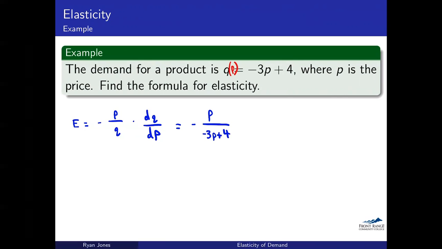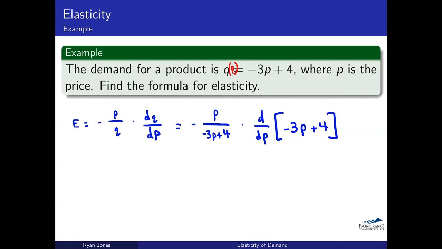Q is a function of P. And so I should make sure to replace Q with what it is in terms of P. Then when I go to my derivative, I'm going to slightly change my notation here. d/dP, so that's my derivative with respect to P, of Q, which is negative 3P plus 4.